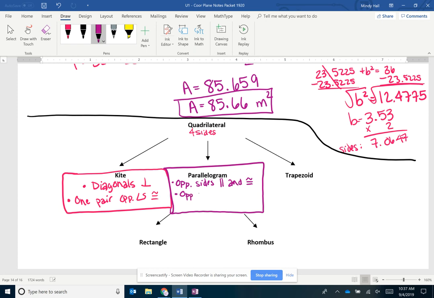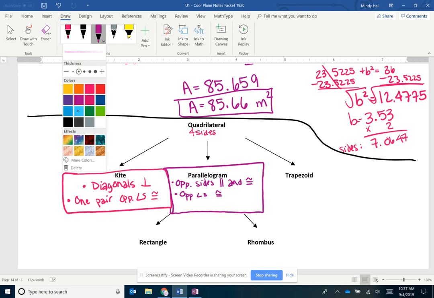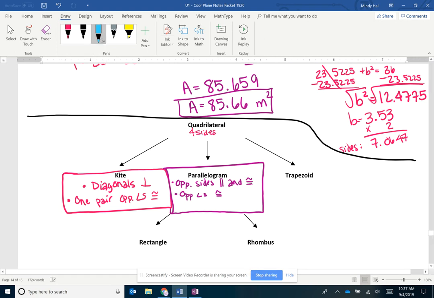Opposite angles are congruent. Oh goodness, there's a lot of stuff with this. Consecutive angles are supplementary, diagonals bisect each other, and one pair of sides are parallel and congruent, which we already have.